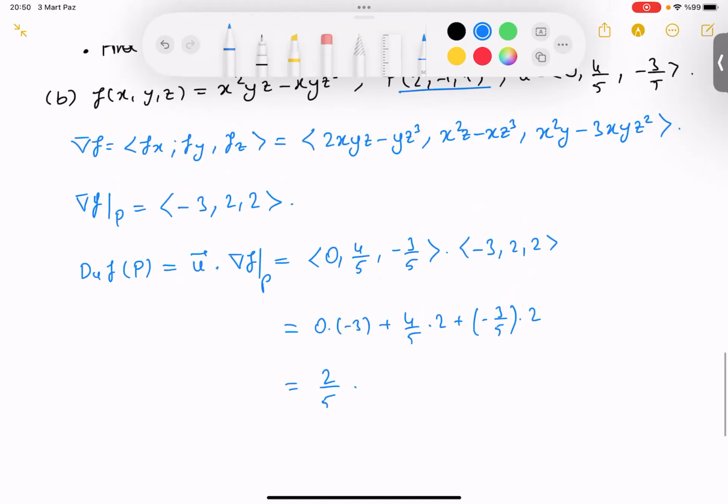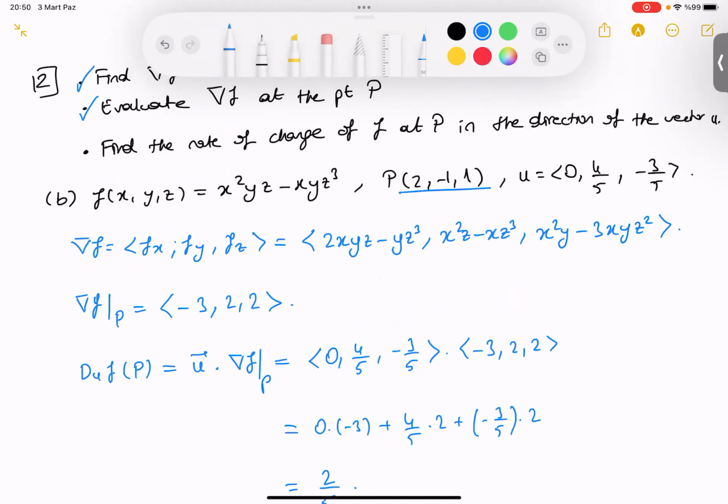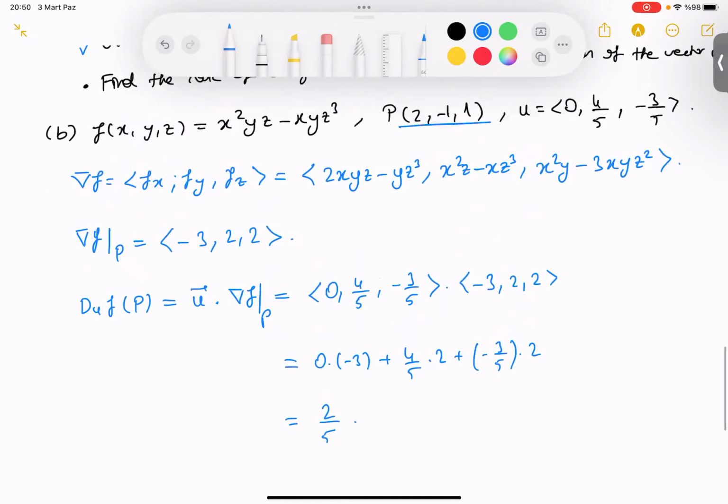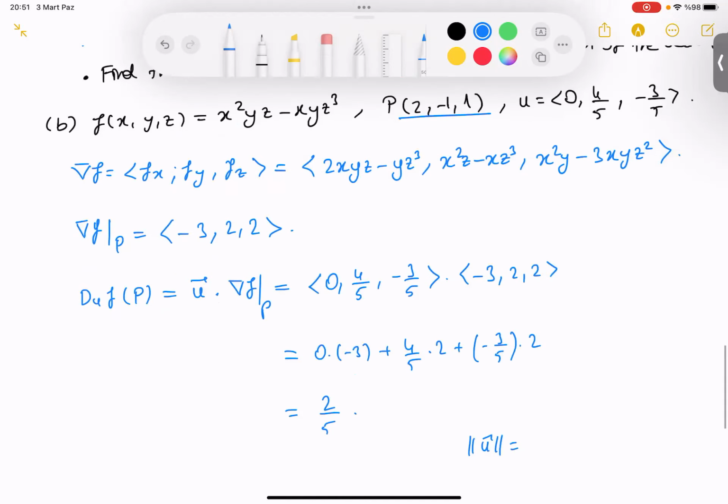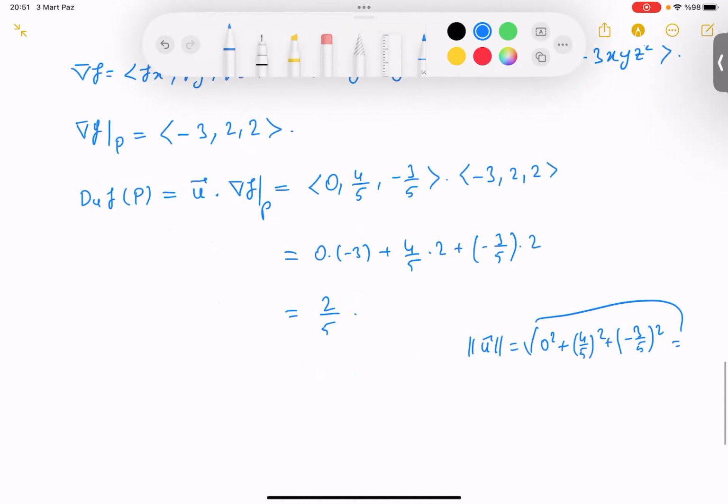By the way, here the given vector u is already a unit vector, right? If you compute its length, you will find what? Square root of 0 squared plus 4/5 squared plus -3/5 squared. So you will get 25/25, which will give you 1.